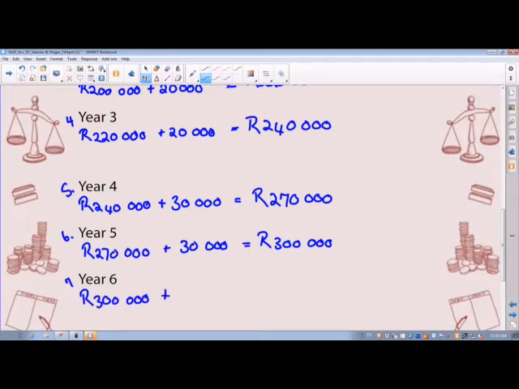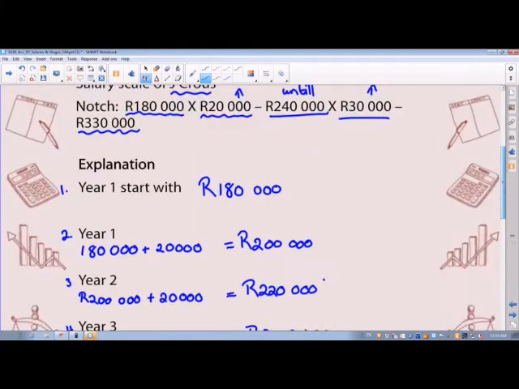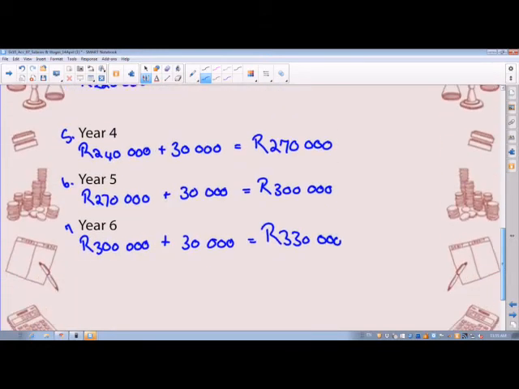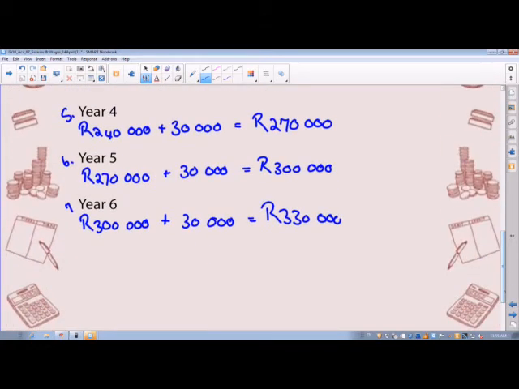We need to add 30. And then during year 7, this guy would earn 330,000, and that is up to where our salary scale shows what salary J. Kraus will earn. So at the end of year 7, as you can see, his salary increased up to 330,000 Rand.